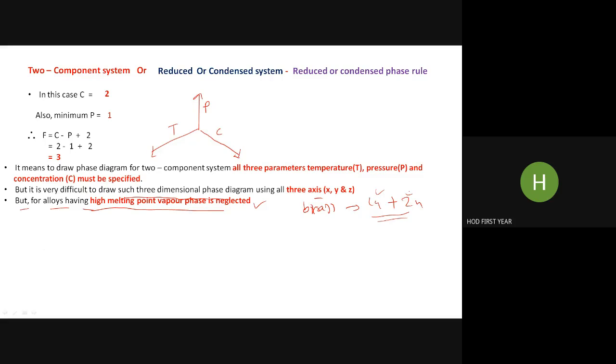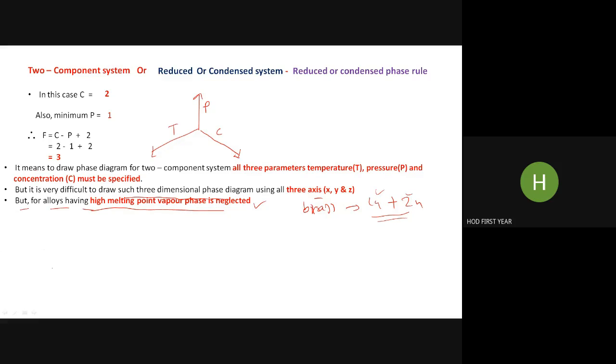We study at a normal temperature. Vapor phase will come only after vaporization of these two metals. First, when we start heating brass, copper and zinc will start melting. This first will be liquid phase, and when we keep on heating, they will be vaporized. While applying Gibbs phase rule, we don't go to that temperature actually. That is the meaning of this statement.